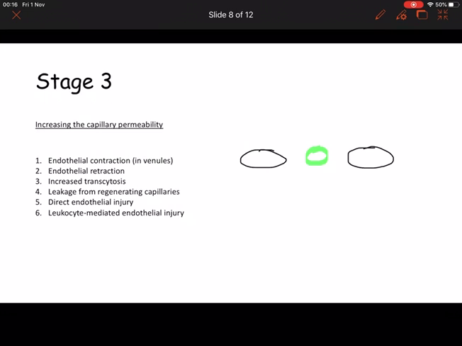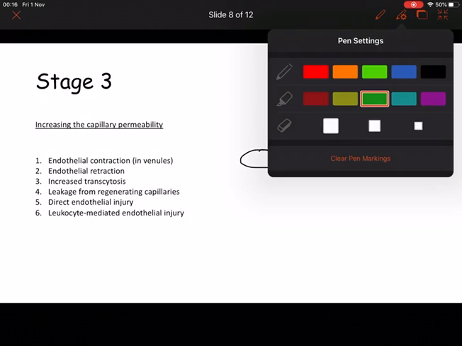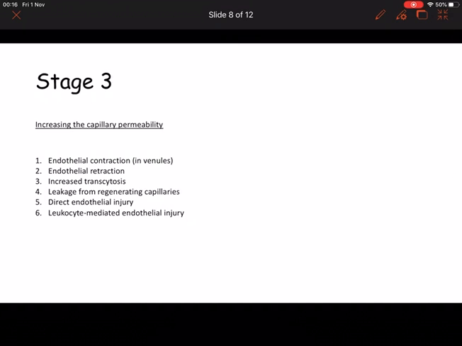Here, the interendothelial space is more than what it usually is, which allows more fluid from the endothelium to pass to the interstitium. Next, it's direct endothelial injury, and then leukocyte-mediated endothelial injury. We'll be learning more about leukocyte-mediated endothelial injury in the cellular events in the next part of this video.